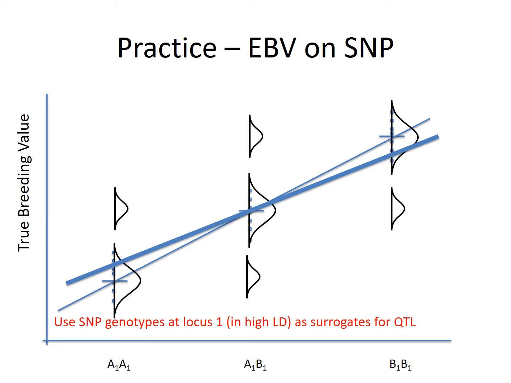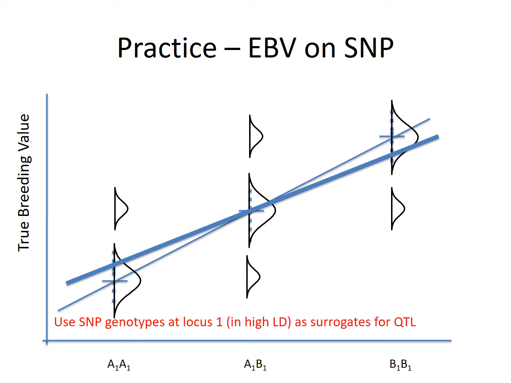And if that particular position was in high linkage disequilibrium with one of the genes that had a real effect, then the AA individuals would mostly be the individuals with the lower breeding values, and the BB individuals would mostly be the individuals with the higher breeding values. But if the linkage disequilibrium is not perfect, there will be some mistakes made.